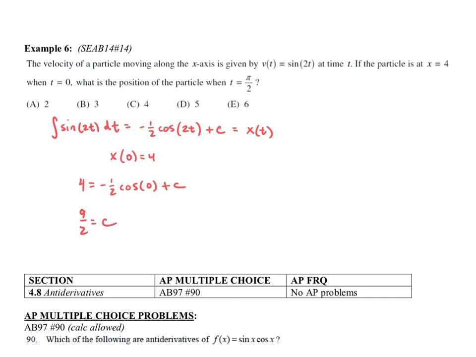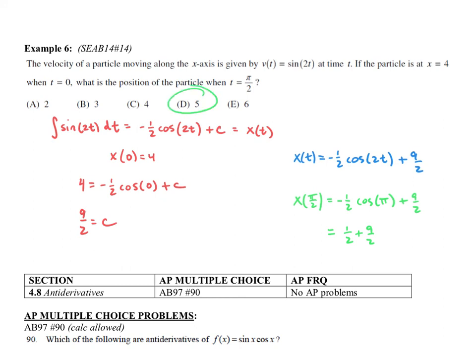So our position is equal to negative 1/2 cosine of 2t plus 9/2. We're going to evaluate this now at pi over 2. So we get negative 1/2 times cosine of pi plus 9/2, and cosine of pi is negative 1, so we get positive 1/2 plus 9/2, which is 10 over 2, which is option D, which is 5.